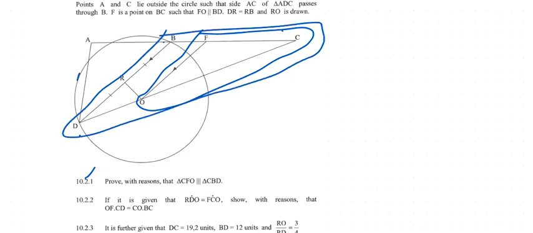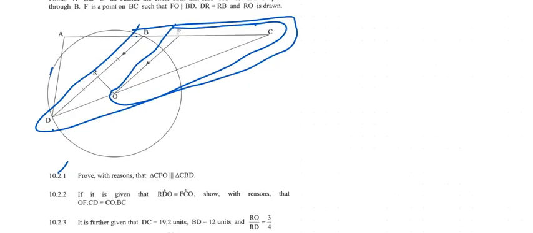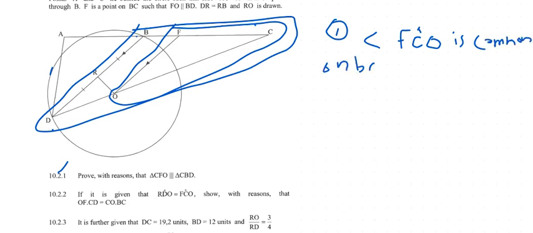For similarity, we need three corresponding angles to be equal, okay? So the first thing is angle FCO is common on both triangles, okay?